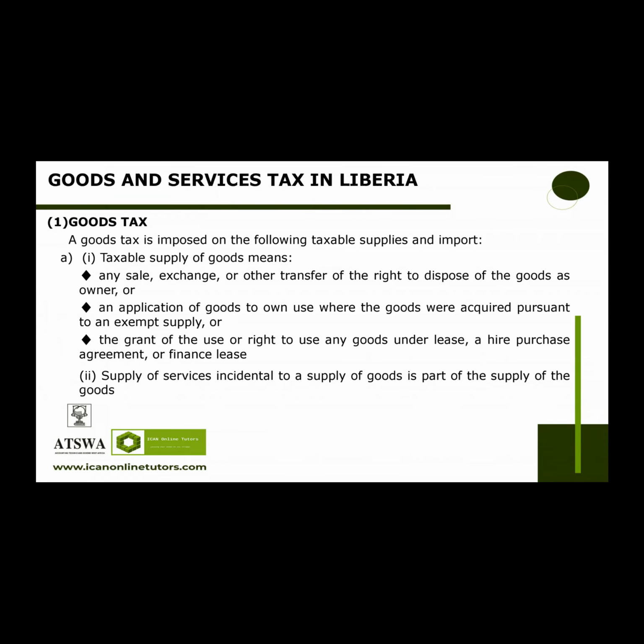This means any sale, exchange, or other transfer of the rights to dispose of the goods as owner, or an application of goods to own use where the goods were acquired pursuant to an exempt supply, or the grant of the use or right to use any goods under lease, a hire purchase agreement, or finance lease. Supply of services incidental to a supply of goods is part of the supply of the goods. Taxable imports.